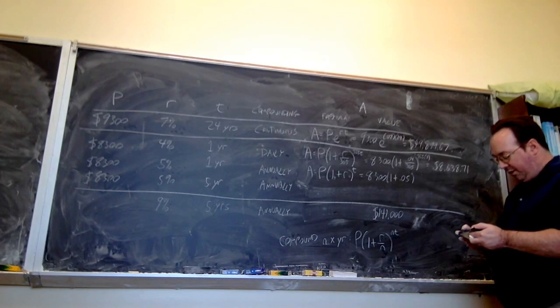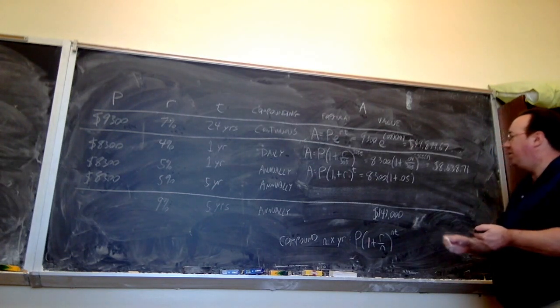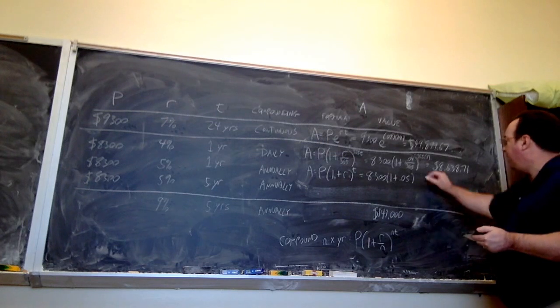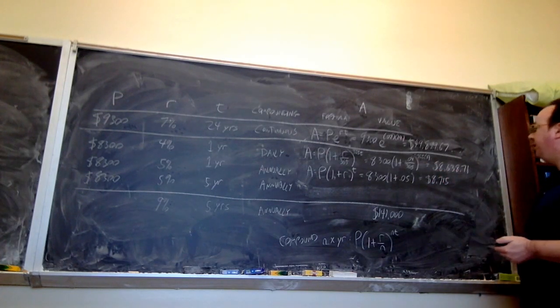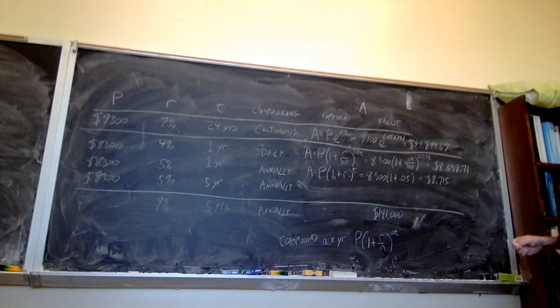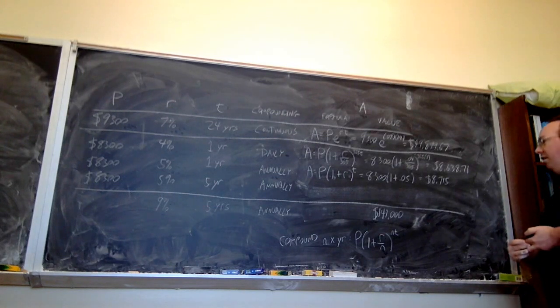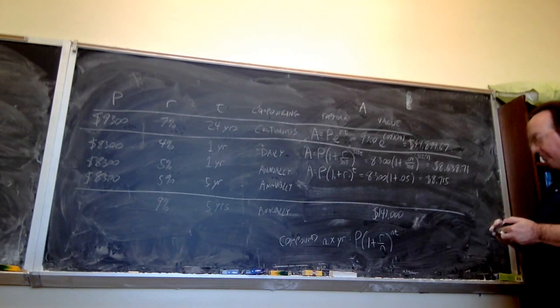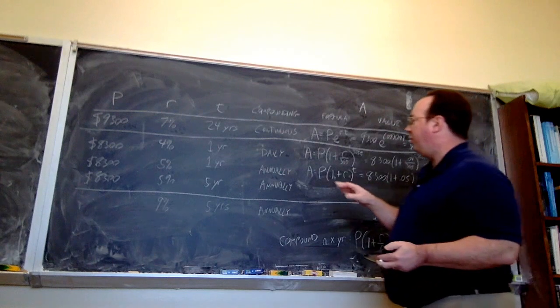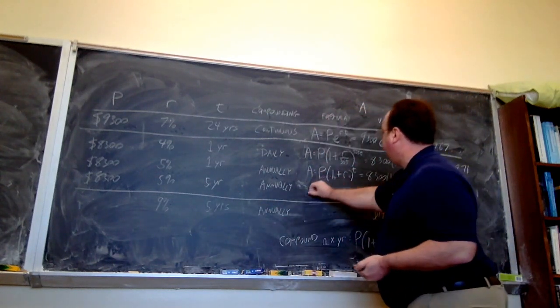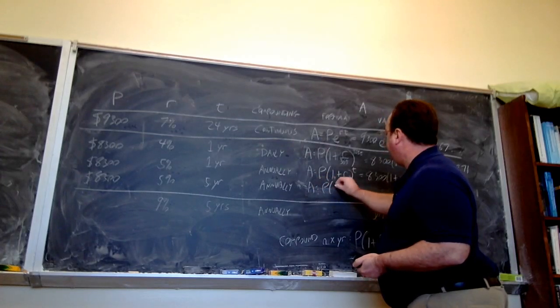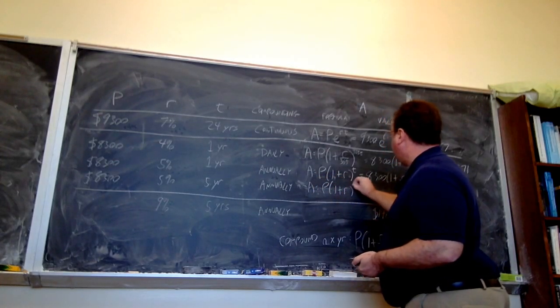1.05 times 8,300. We actually didn't need to do any exponentiation in this case because it's just for 1 year. And we get $8,715 even. So that's significant, and that difference would only grow when investing over time. So now if we go with that option, 5% compounding once per year, let's see how much we have after 5 years. We use the same formula, A is P times 1 plus r to the t.